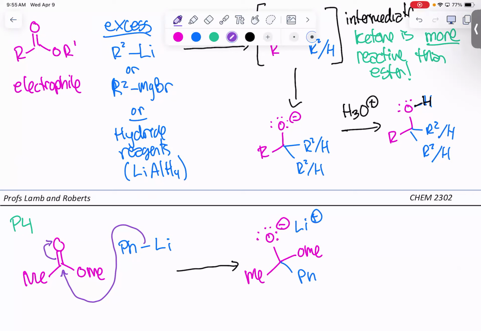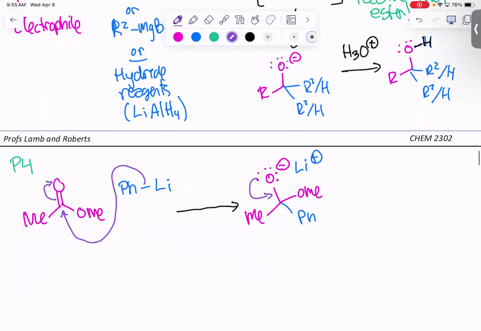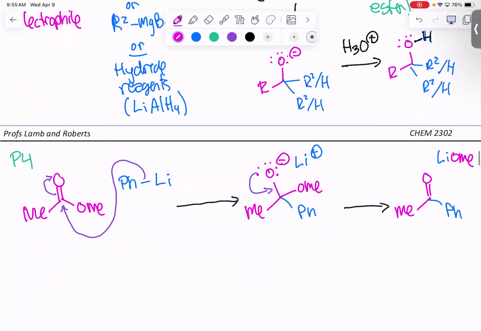Then we can go ahead and take the lone pair of electrons and assist the leaving of that methoxide. This is under highly basic conditions, so that's why we can have that leave. We don't need to protonate it first because we can't have protons in this reaction. Your byproduct in this case would be lithium methoxide. Right, and then you know this mechanism.